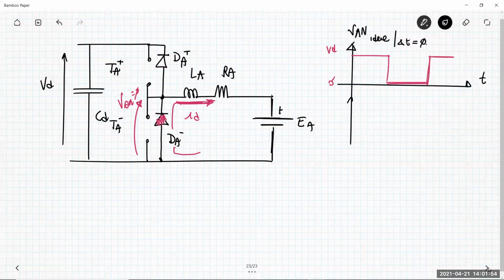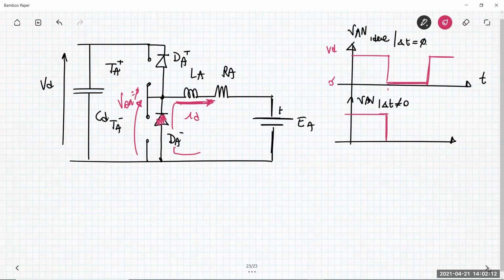And compare with the situation in which VAN is, let's say, real, so with delta t different from 0. You have this edge is equal, but this edge now, the rising edge, is delayed by delta t.